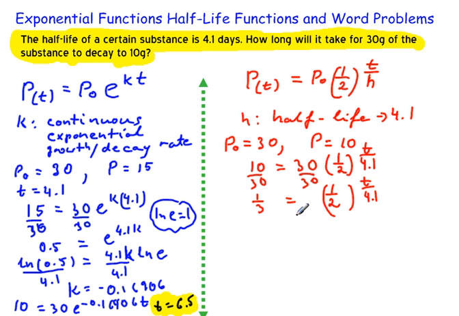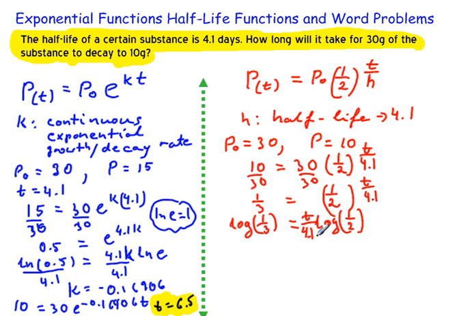Apply logarithm. So we can apply log to base 10 this time. So log 1/3. You could also select natural logarithm for that as well. The answer will be identical. So this is log 1/2, and t over 4.1 by the power rule will be factored outside.